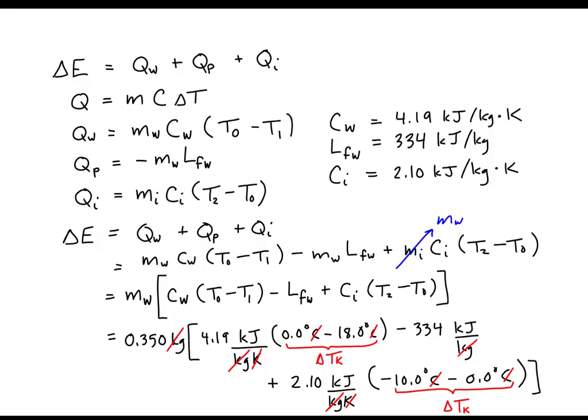So after plugging these numbers into my calculator, I get that the amount of energy lost is 151 kilojoules. So we did it. We figured out how much energy needs to be lost to transition from liquid water at 18 degrees Celsius to ice at minus 10 degrees Celsius.